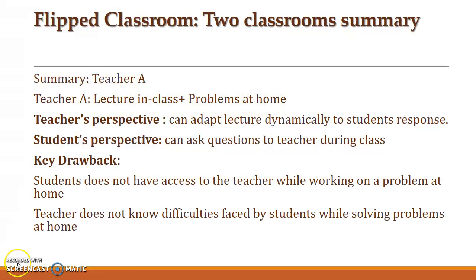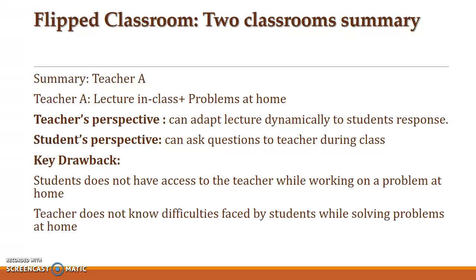So basically for teacher A, there are two perspectives that we want to look at. One perspective is the teacher's perspective itself, wherein the teacher can adapt the lecture dynamically to the student's response. It means we can give immediate clarification or explain things to the students.